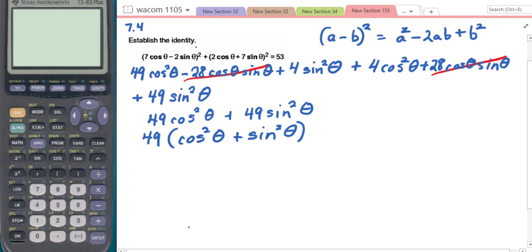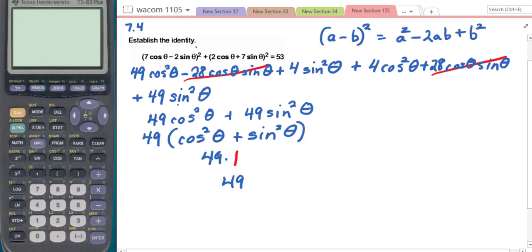And remember your Pythagorean identity, sine squared plus cosine squared equals 1. So we're going to be able to use that here. So this is going to be 1 by the Pythagorean identity times 49 is going to give us 49. All right, let's see what else we have.